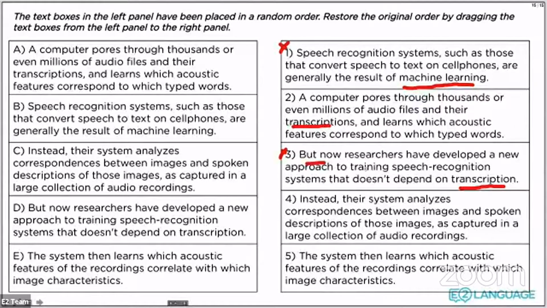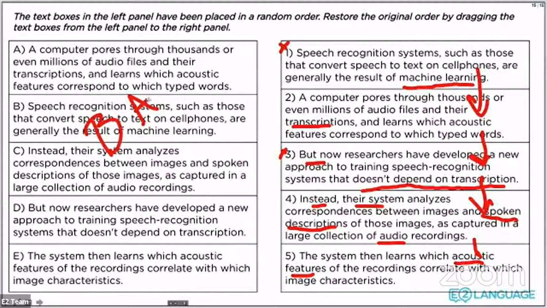Okay, but now this one doesn't depend on transcription. Instead, their system analyzes correspondences between images and spoken descriptions of those images, as captured in a large collection of audio recordings. The system then learns which acoustic features, so it's talking about spoken descriptions or sounds, audio recordings, acoustic features. You can see how the ideas are flowing from one to the other. To cut this short, the answer is B, A, D, C, and then E.